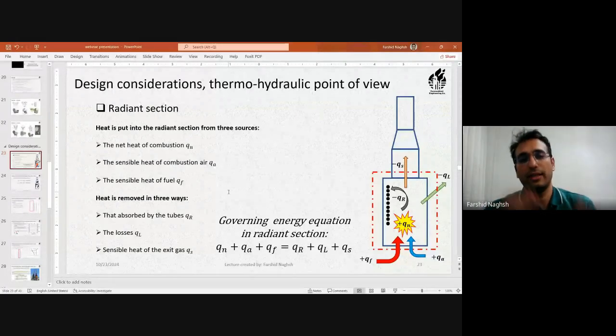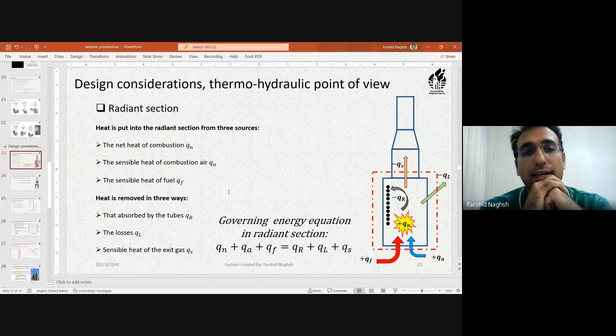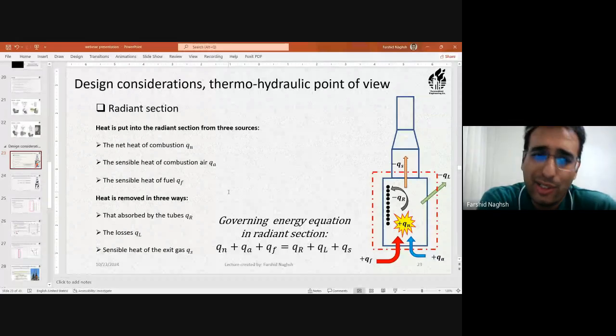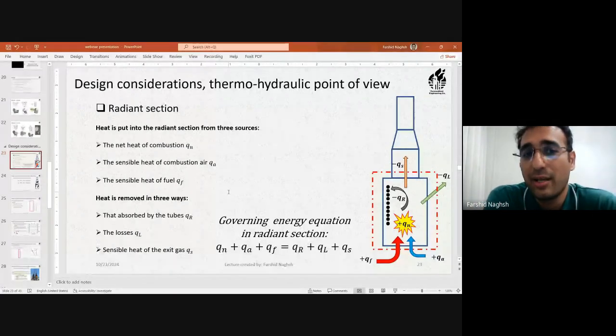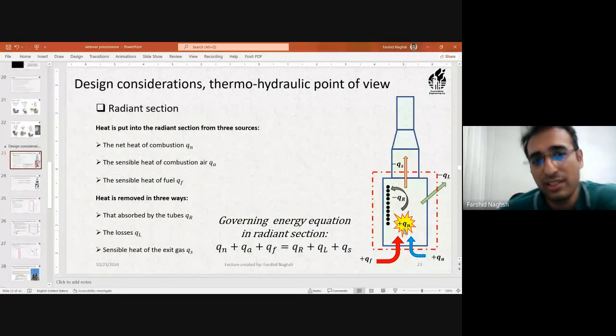The theory for designing a fired heater starts with a simple heat balance inside the radiant section. The heat in the radiant section is supplied by three sources. The first one is the net heat of combustion, denoted by Qn.